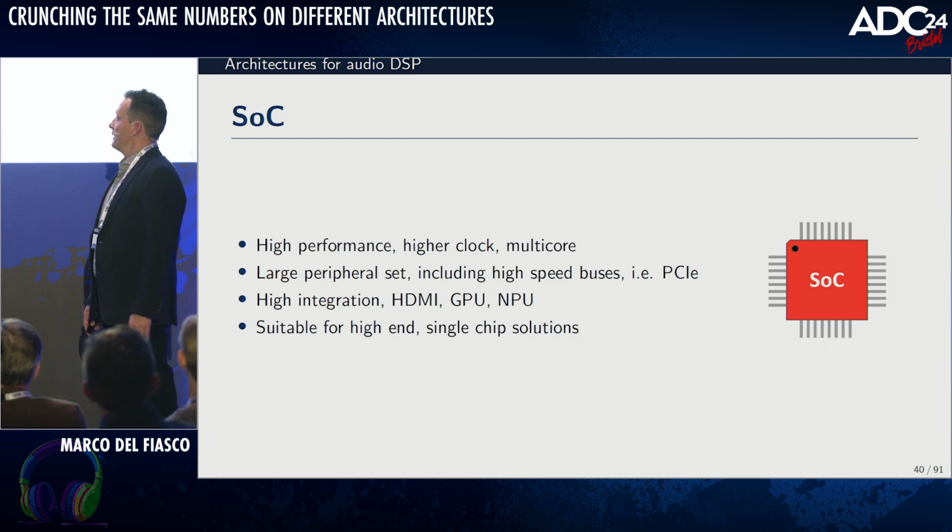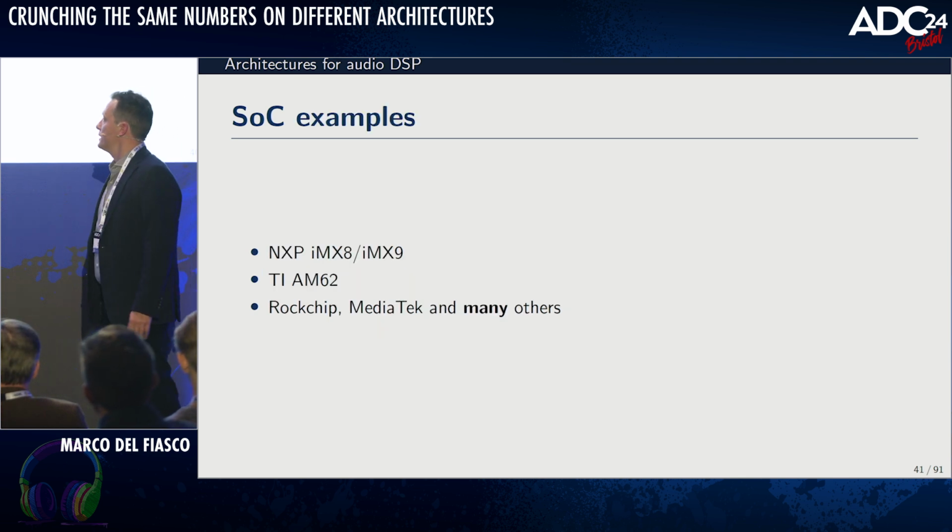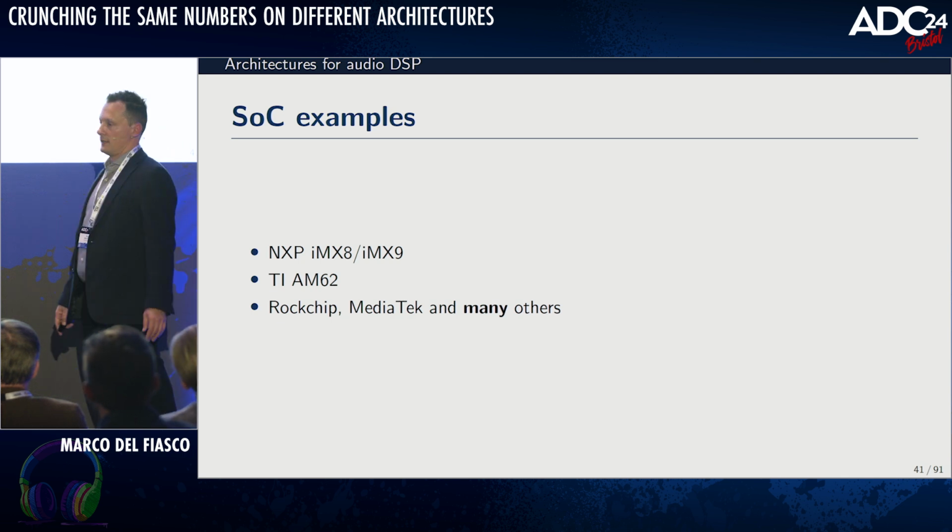The peripherals have integration, so typically you have HDMI, you have a GPU inside the system on chip, and you can also have a neural processing unit. And they are suitable for high-end single-chip solutions. Some examples: NXP i.MX8, i.MX9, Texas Instruments AM62, and there are many chips from Rockchip, MediaTek, and many others.